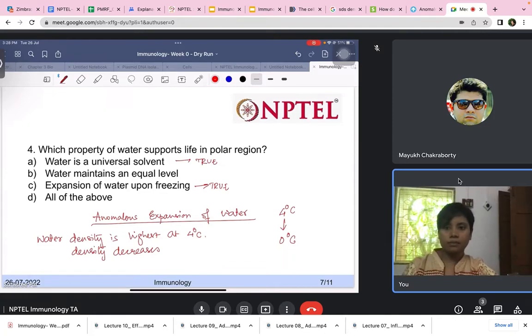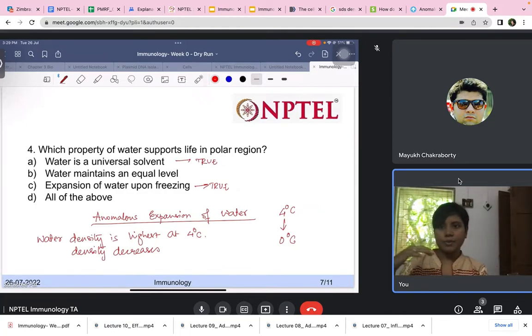This frozen water covers the entire surface, and we know that ice is not a good conductor of heat, because of which, when the surface of the lake freezes, the water below the surface of this ice does not freeze.